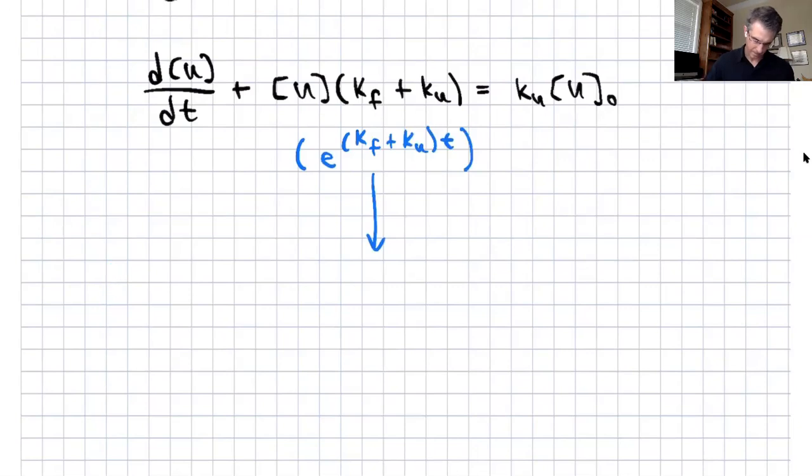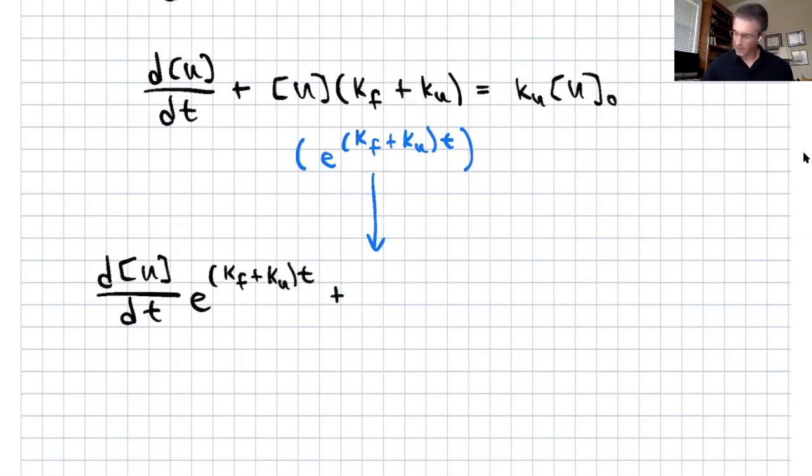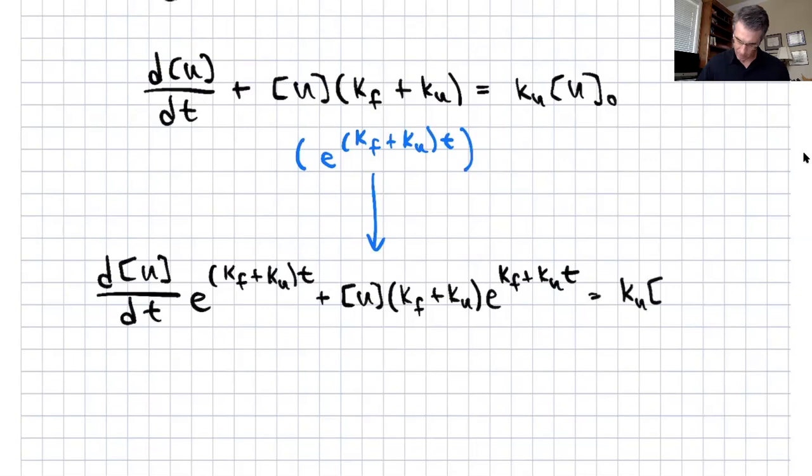the derivative of u with respect to time, times e to the (kf plus ku)t, plus the concentration of u times (kf plus ku) e to the (kf plus ku)t, and it's simply got to equal ku, concentration of u0, e to the (kf plus ku)t.